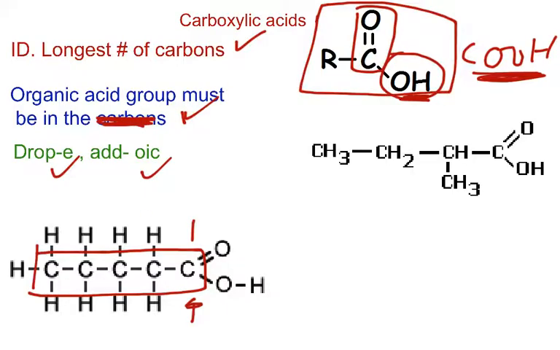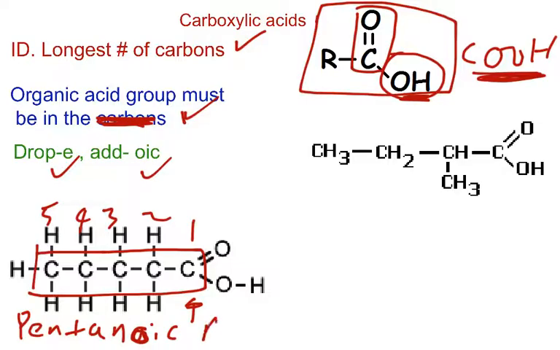So that's 5 carbons. We write pentane down, but we will drop the E and add OIC, so that'll be pentanoic acid, and we're done.